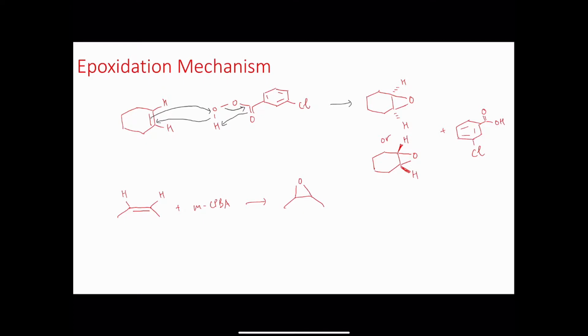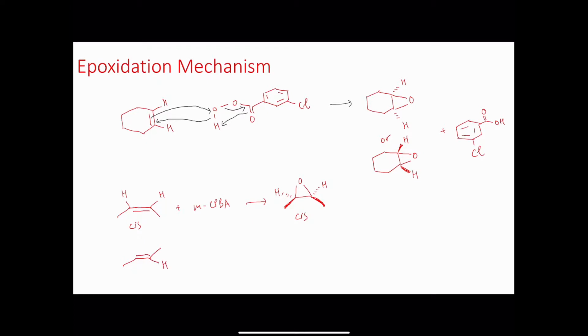With the cis epoxide, the two methyls will be on the same side of the epoxide, and the two hydrogens will be on the other side. So if we start with a cis alkene, we end up with a cis epoxide.